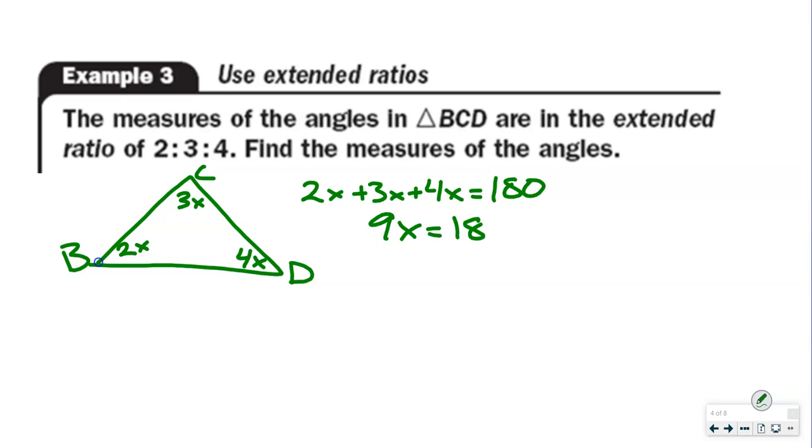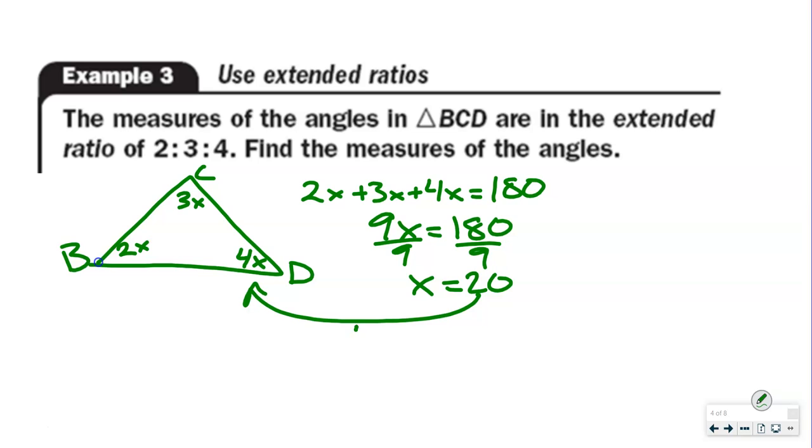So 9x equals 180, divided by 9, and x will equal 20. So then we want to take x, plug it in, to find my angle measures.